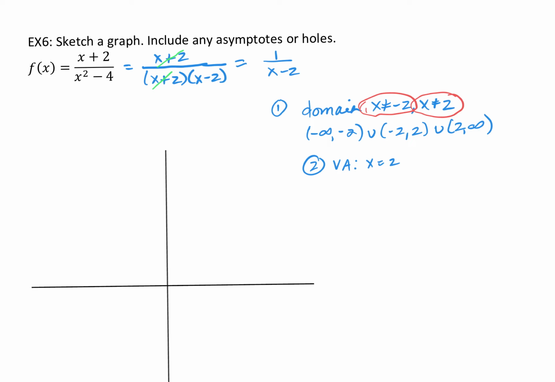So the x equal to 2, since that's a vertical asymptote, takes care of that break in my graph. So that must mean that I'm going to have a hole when x is equal to -2. To figure out that point, I'm going to put -2 into the reduced function 1 over x minus 2, which would give me a y value of 1 over (-2 minus 2), or -1/4.